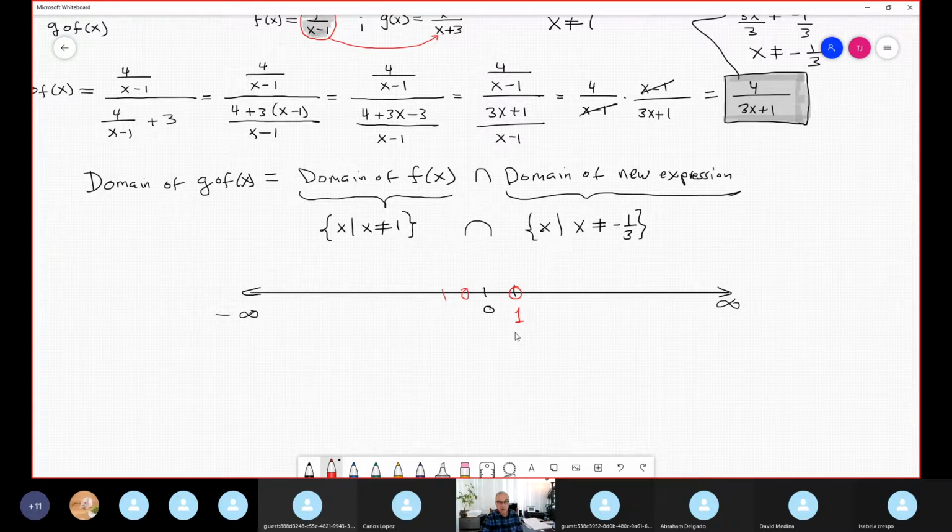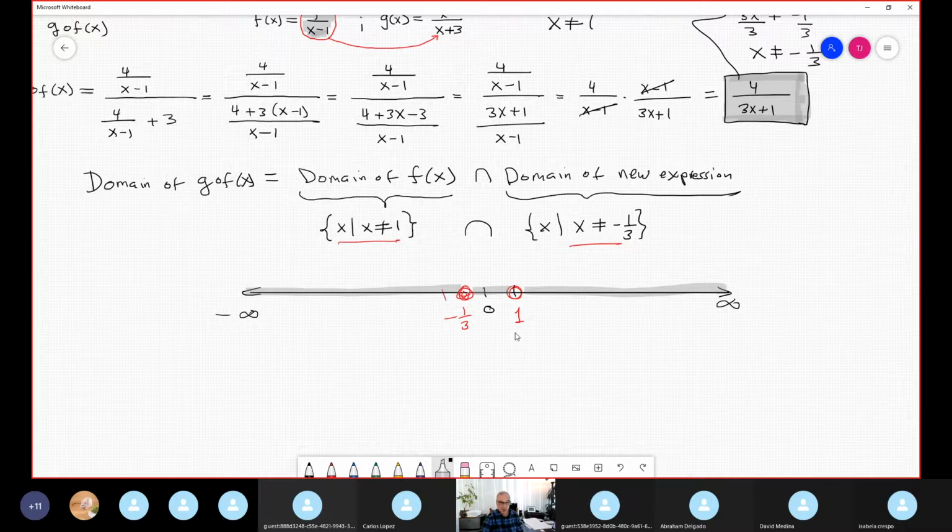So this hole is this, and this is negative 1/3. Okay. The rest of the numbers are okay. The only bad guys are 1 and negative 1/3. Two holes. And the rest is okay, because I highlight here.